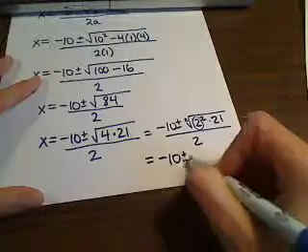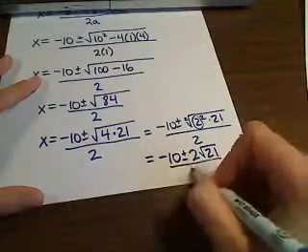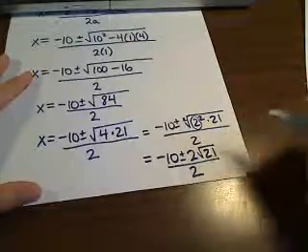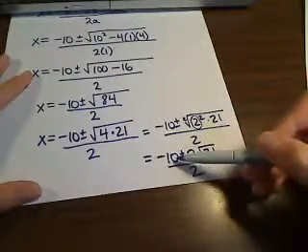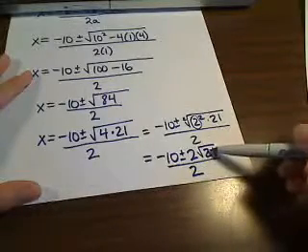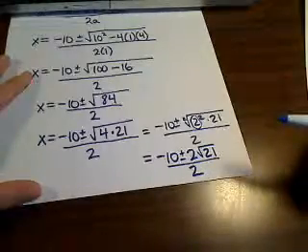So negative 10 plus or minus, take out the 2, so we're left with 2 square root of 21 over 2. Now, this actually will simplify further because this 2 will divide into both the negative 10 and this 2 right here. You can't take the 2 on the inside of a radical, but the coefficient on the outside you can divide into it.